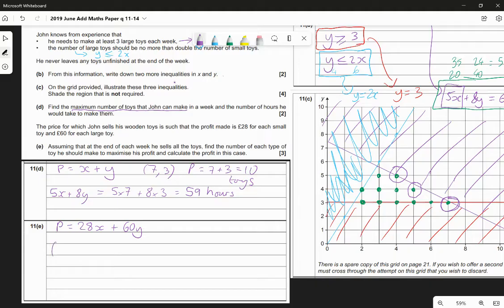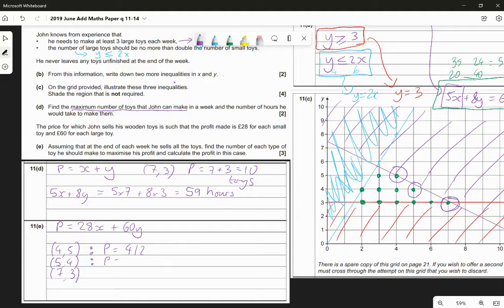So I'm just going to substitute for each of those 3 coordinates. We've got 4, 5, we've got 5, 4, and we've got 7, 3. At 4, 5, the profit is 28 4s plus 60 5s, which gives me 412.